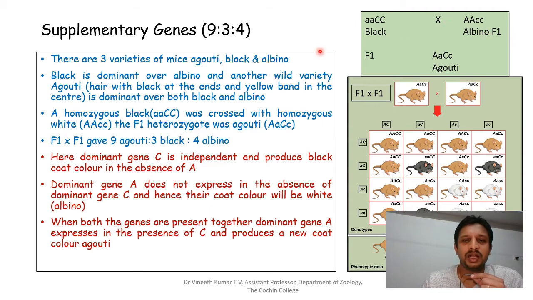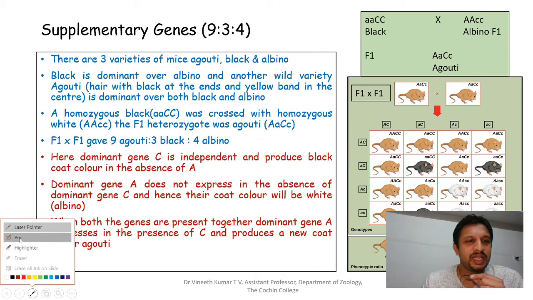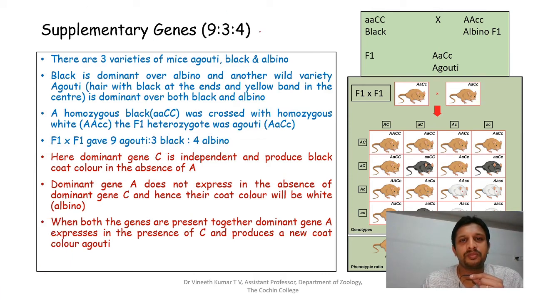And if you take the dominance hierarchy in this case, agouti, I mark it as A, is dominant over B, the black, and it is also dominant over albino.